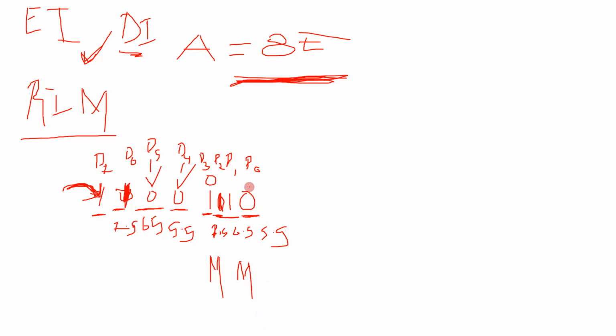Here, the D0th bit being 0 indicates that this is enabled. So what should be these 3 bits? If this is enabled, then this should be 1. And if this bit is ignored, that means it should be 0.